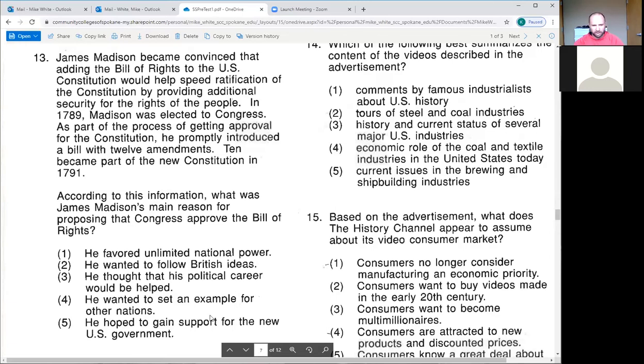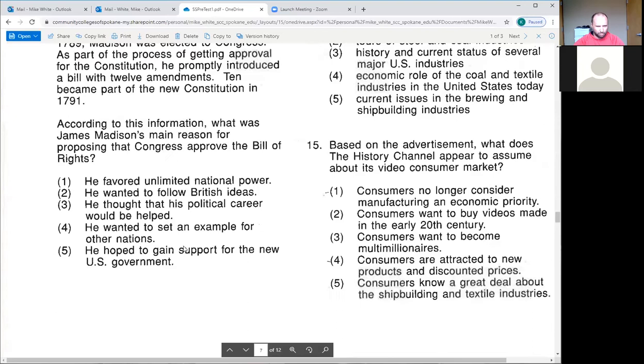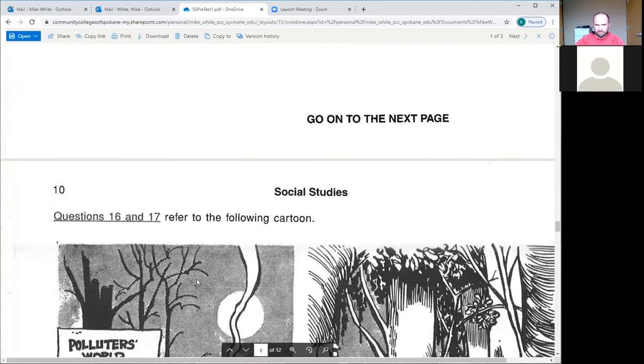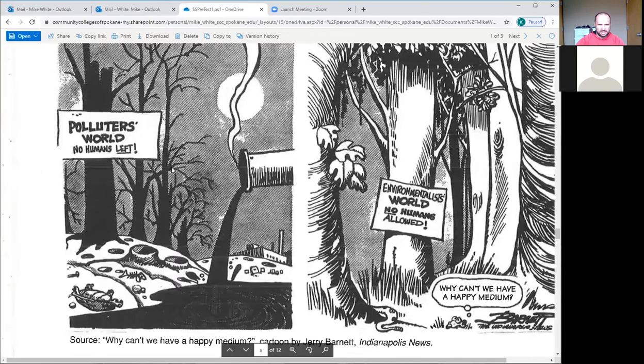Sorry for my stammering. Let me move to the next question. And while I'm doing that, just a reminder to people that haven't been in most of my classes, this is just kind of a review of civics and government. So that's why we're just rolling through all of these practice questions.